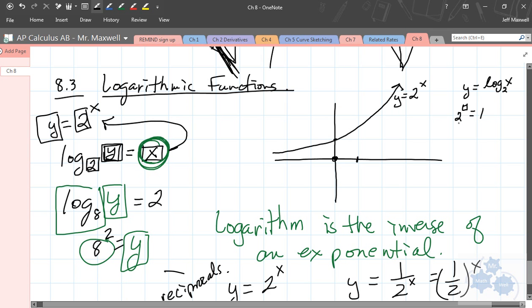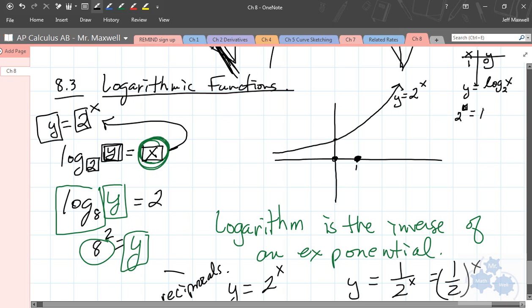What is that? No, 2 to the power of half, that's root 2. Yes, 0. 2 to the power of 0 gives us 1. So we've got (1, 0) as our point. If we're doing a table of values here, 1 goes with 0.